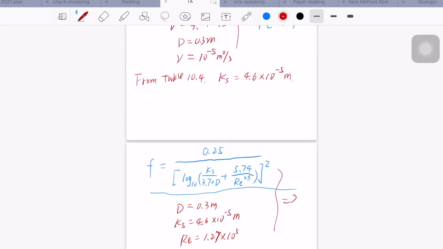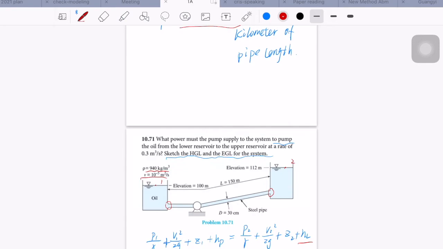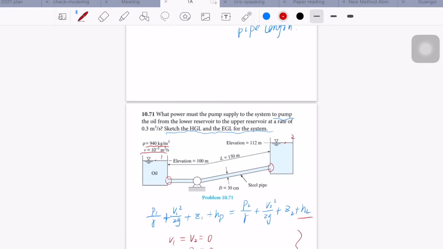And now we need to sketch the EGL and HGL. EGL should look like this one.